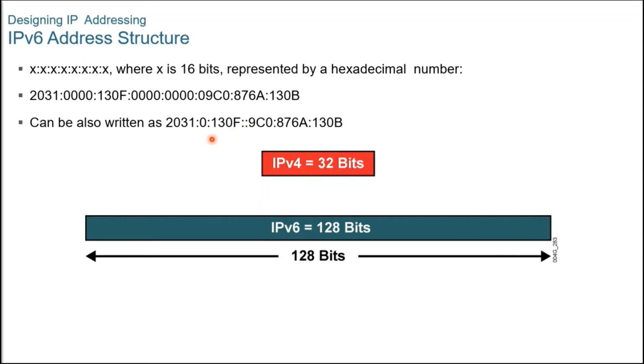Initially you are given this long IPv6 address. Applying the shorthand notation, omitting consecutive zeros and replacing them with a pair of colons, you'll have this simplified IPv6 address. Again, the key point: a pair of colons can be used only once within an IPv6 address.